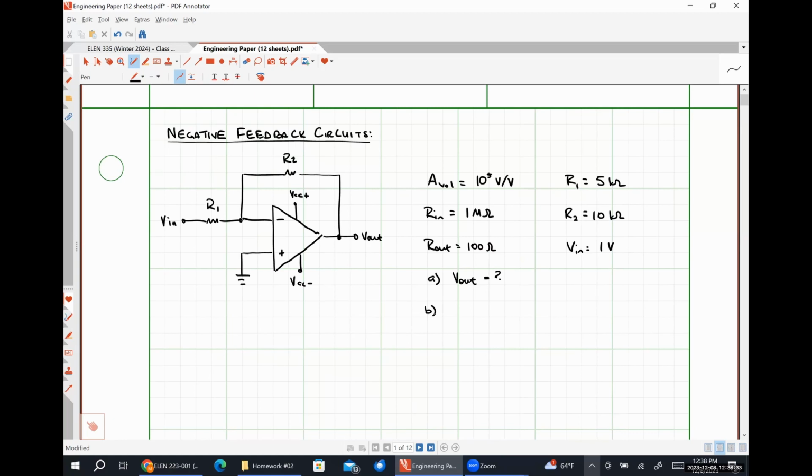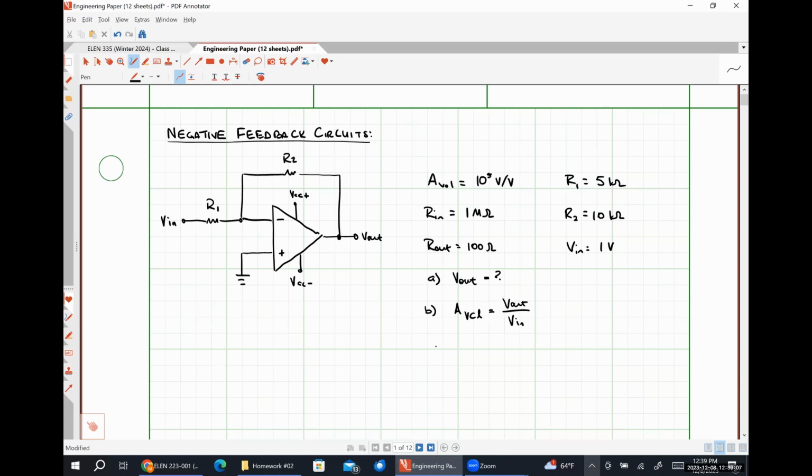Then I want us to find the closed loop voltage gain, AVCL, which we define as the output voltage we determine from part A divided by the input voltage that we apply. So this is our closed loop gain for the system because we have a closed feedback path, right? It's going to be very, very different from our open loop gain of just the amplifier by itself.